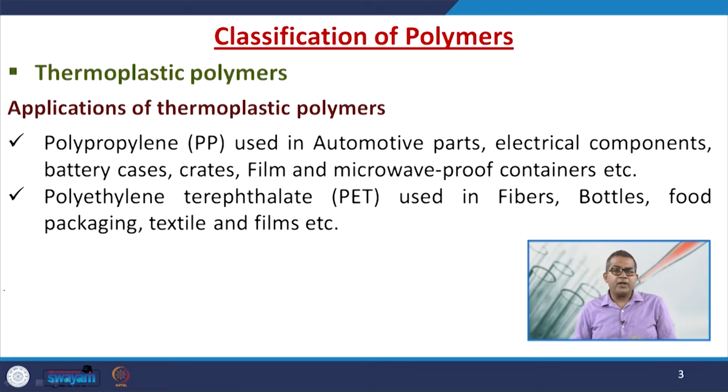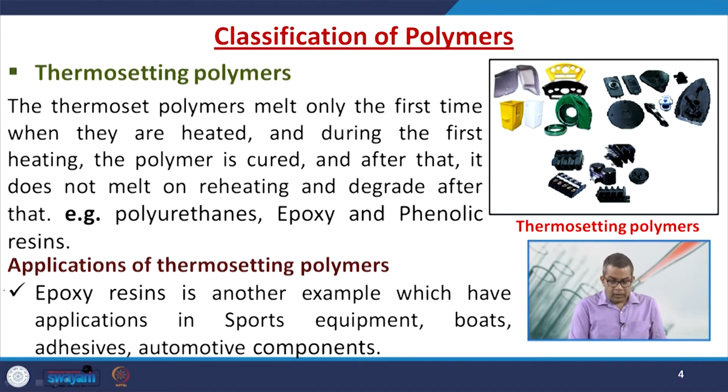Now, why am I telling you all of these applications? Because you can imagine the wide variety of applications of all those polymeric products. Now, the second part of the heat sensitive polymers is the thermosetting polymers.